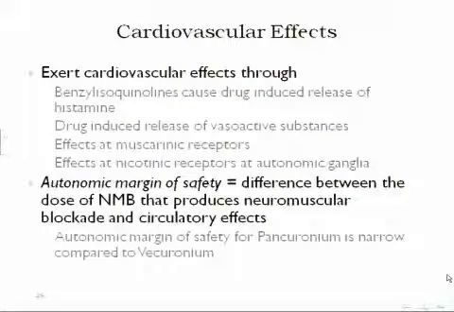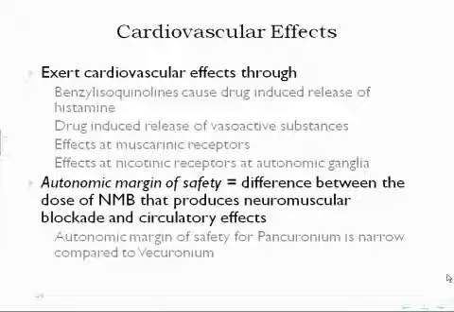Now, the cardiovascular effects of these agents depend on which agent you use. If you're using the benzylisoquinolinium agents, they tend to affect the heart by causing histamine release, so you get a preload reduction, and you get a drop in cardiac output as a consequence. As for the other agents, such as the aminosteroidals, they tend to be more cardiovascularly stable.